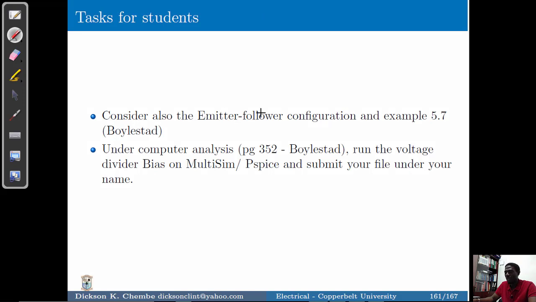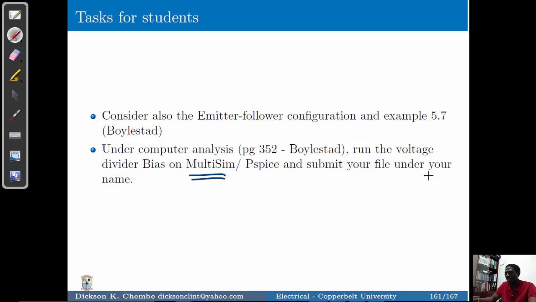In the next video, I'm going to look at the two examples that I've shown, and then I would like the students to go through the analysis, that is, using Multisim to run the analysis on your own, which I think I've introduced to you. Do your own analysis and obtain your results for a voltage divider bias.